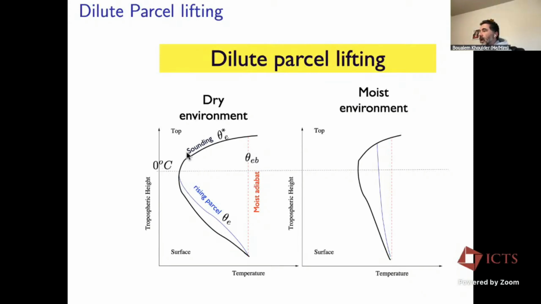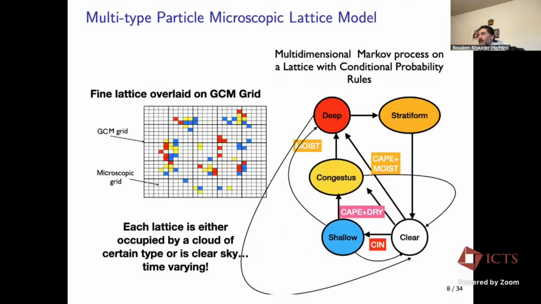But when the environment is moist enough, then it will look something like this, and then actually the parcels will entrain air that's not too dry, so they won't lose a lot of buoyancy, so then they can actually rise higher and exceed or go above the freezing level, so they will have a buoyancy boost from freezing, and that you get deep convection.